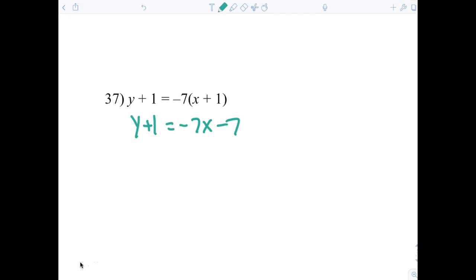And then subtracting 1 because we're solving for y, negative 7x minus 8. Very easy.